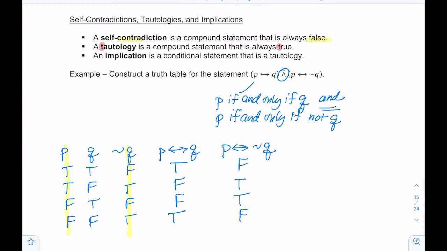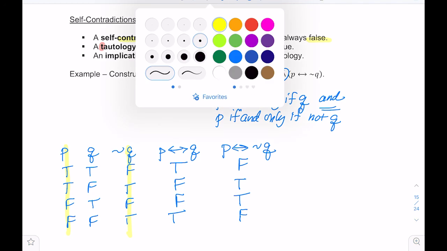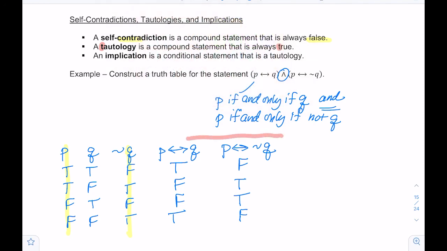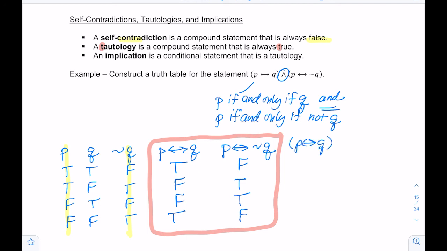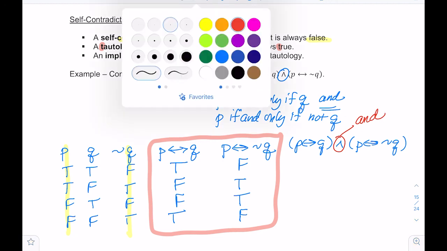And now I'm going to take both of these columns and combine them for the last one. So P if and only if Q and P if and only if not Q. So remember, for and, both have to be true in order for the conclusion to be true.